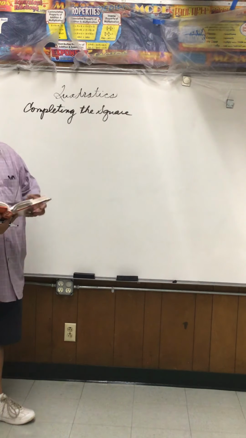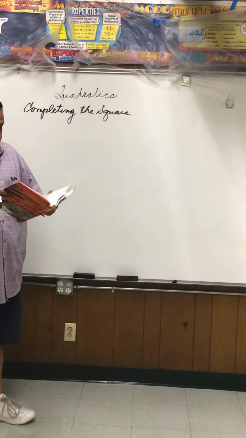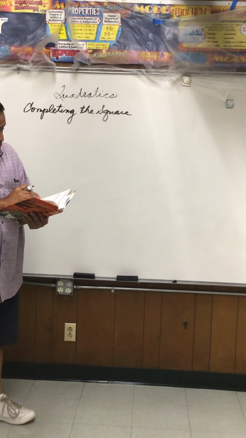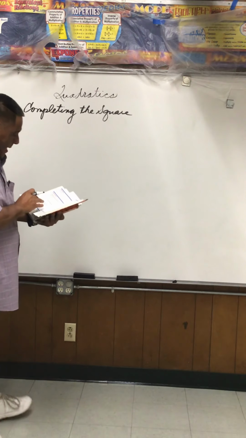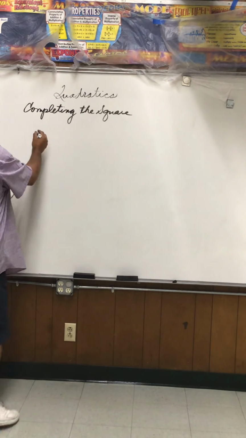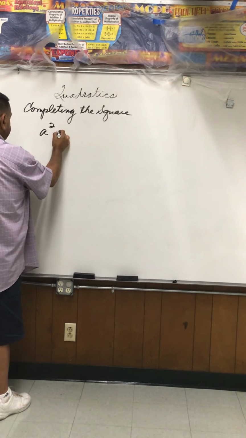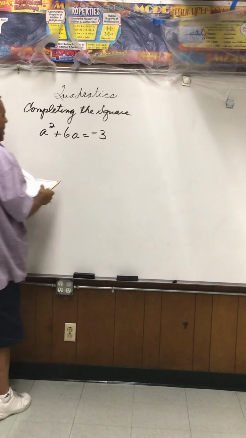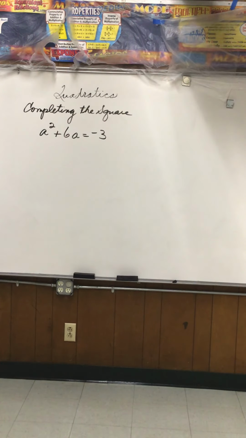So let me just give you an example of one problem that I'd like. Let me just grab one here. All right. How about this one? All right. In looking at this problem, complete the square.